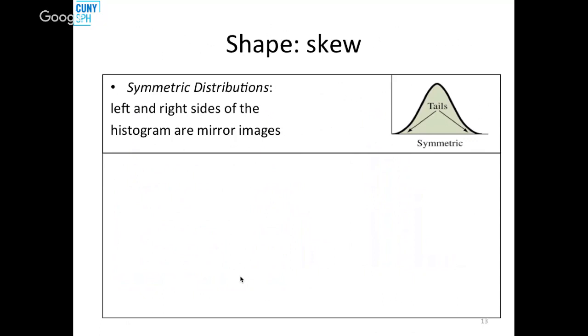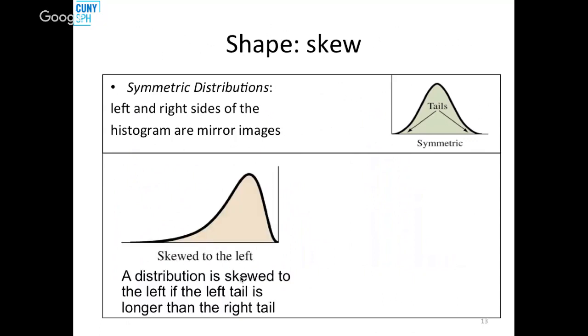A symmetric distribution is one that is a mirror image. There's a point in the middle whereby, if you are looking at, this would be a probability distribution of a continuous variable, if you put a line in the middle of the graph, then the left and the right hand side of that line are mirror images. Whereas a distribution with a skew is not a mirror image.